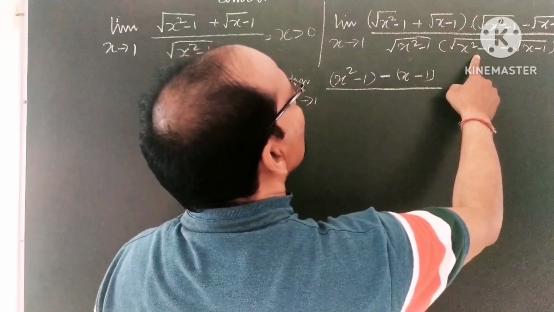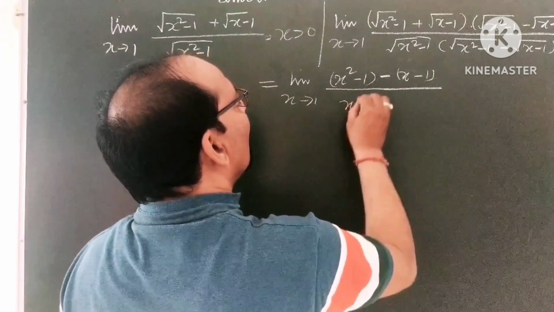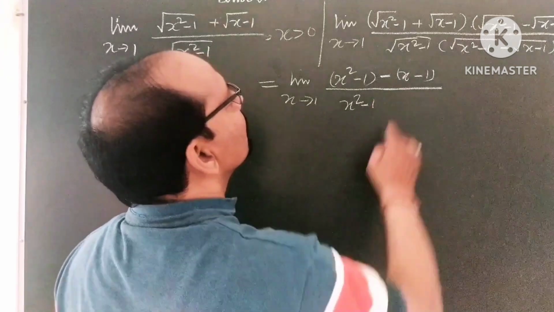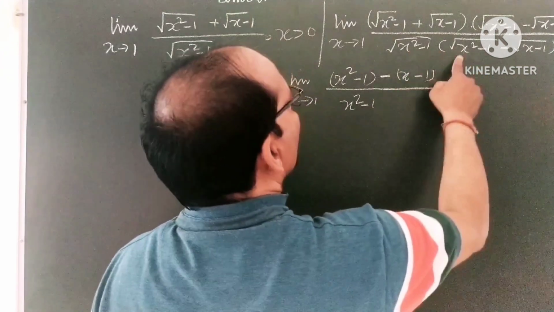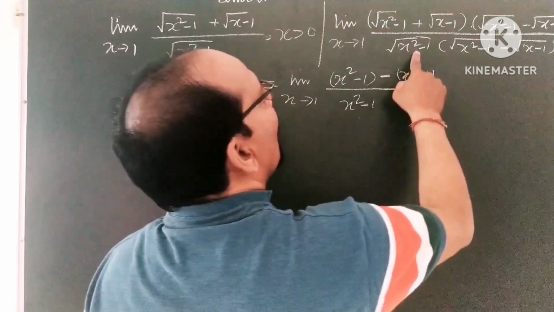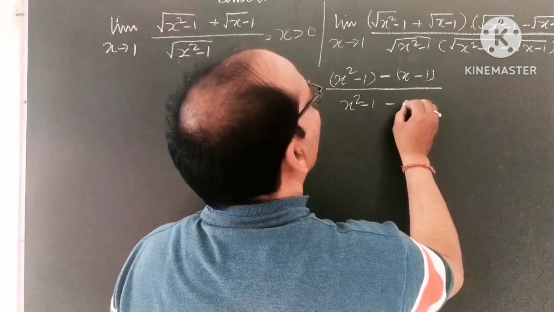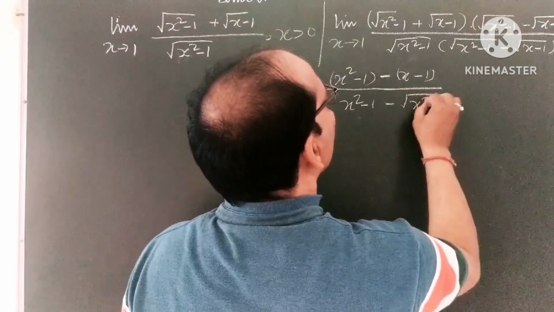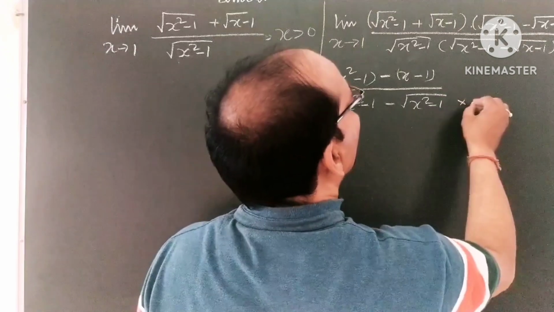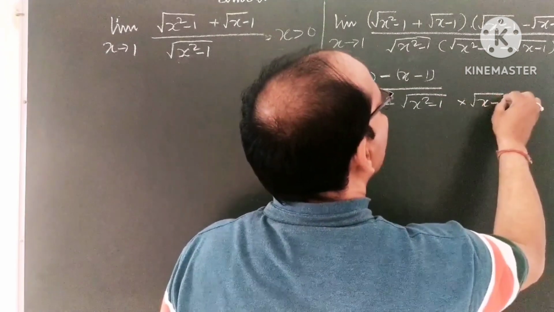multiplied by this, it will be x square minus 1, this and this are the same, and this multiplied by this will be minus root of x square minus 1 into root of x minus 1.